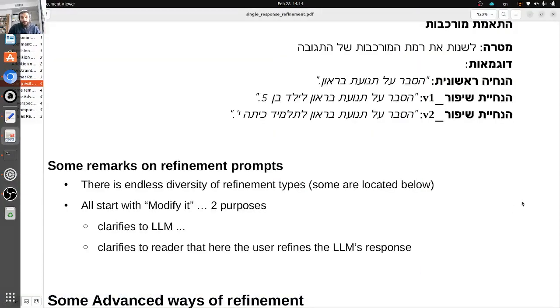Alright, so I would love to conclude this discussion of single response refinement with two remarks. First of all, there exists an endless diversity of refinement types.